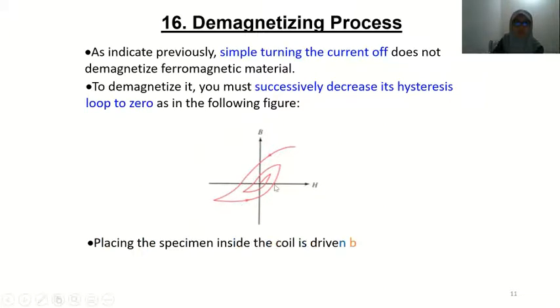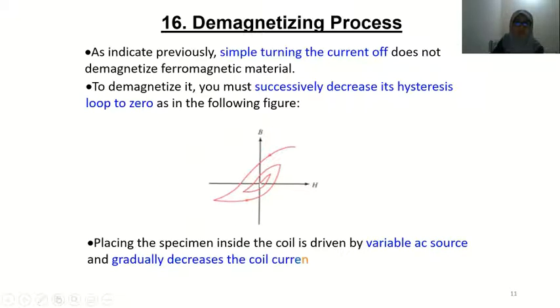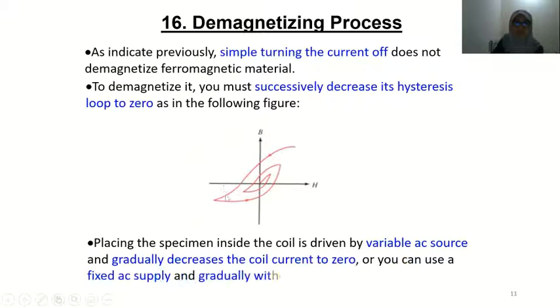You place the specimen inside a coil driven by a variable AC source and gradually decrease the coil current to 0. Or you can use a fixed AC supply and gradually withdraw the specimen from the field.